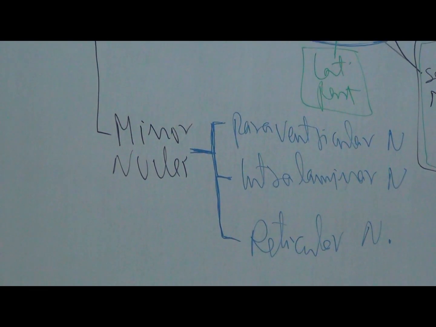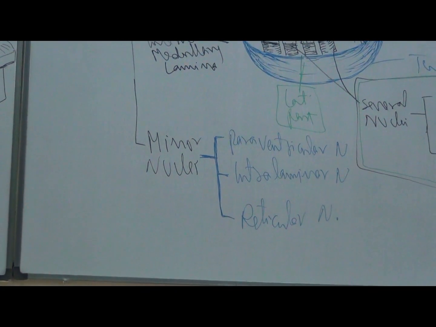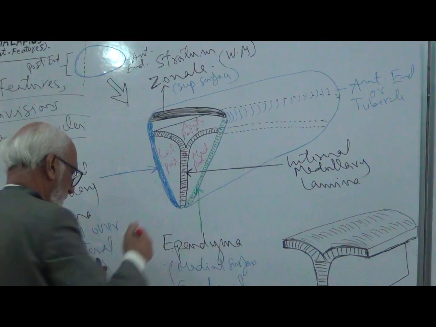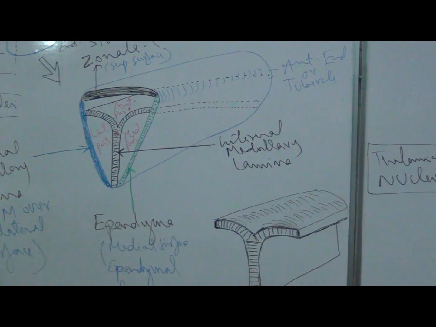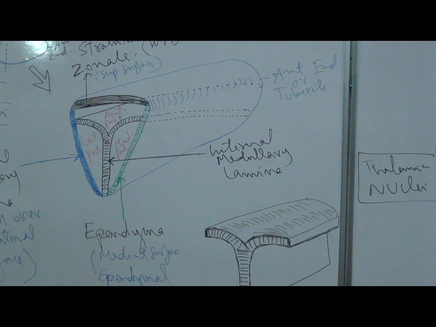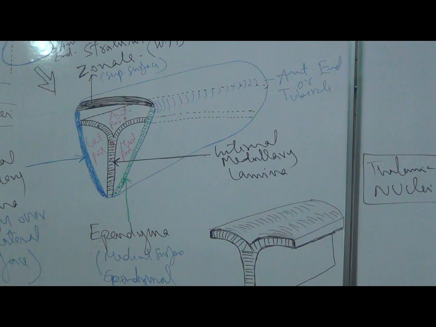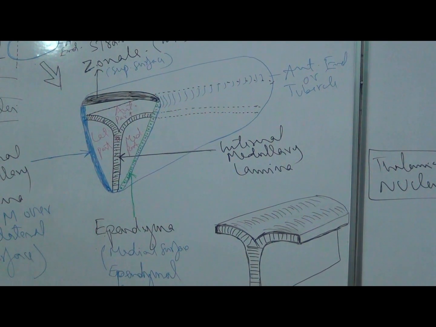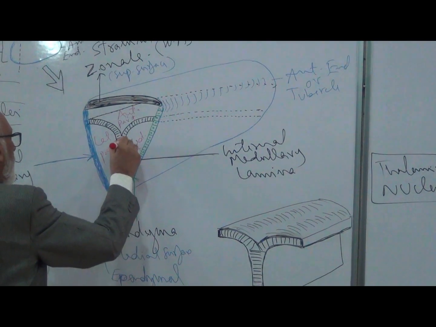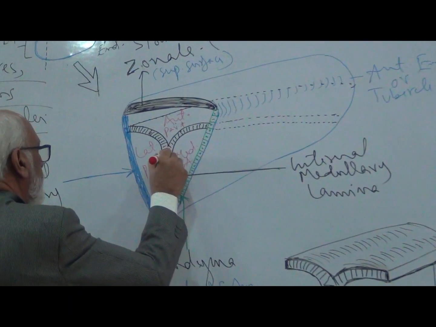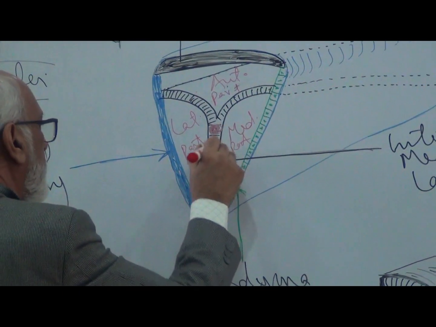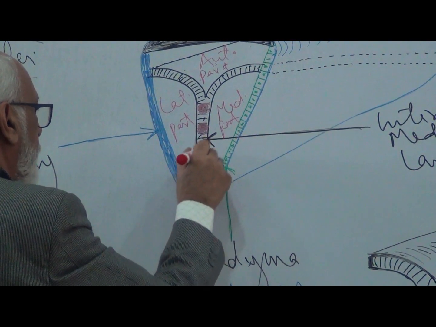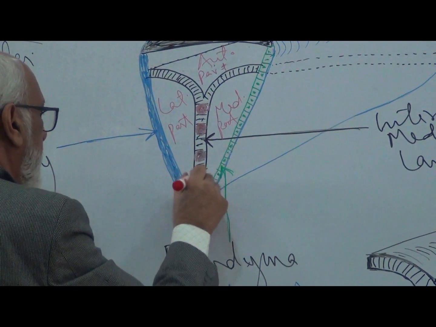Now the intralaminar nuclei. These are nuclei which are embedded in the internal medullary lamina. Nuclei embedded in the internal medullary lamina are known as the intralaminar nuclei.